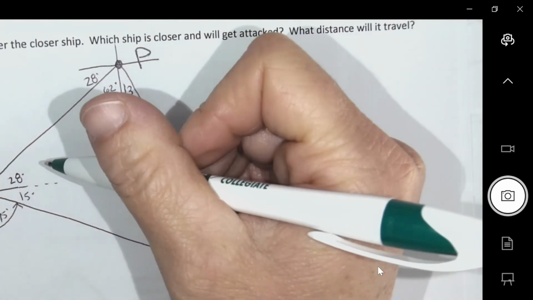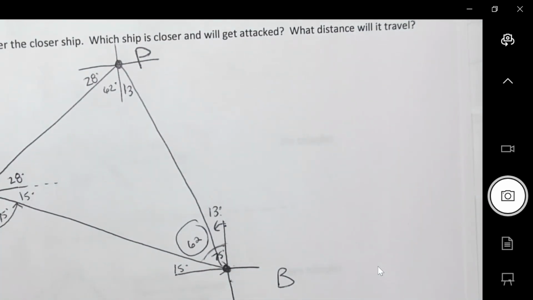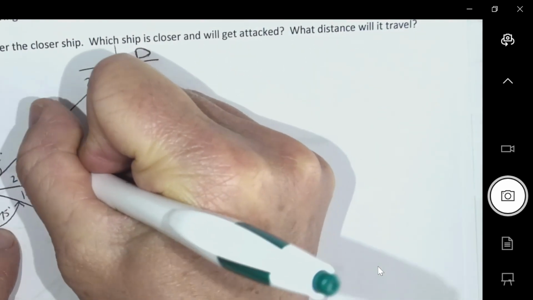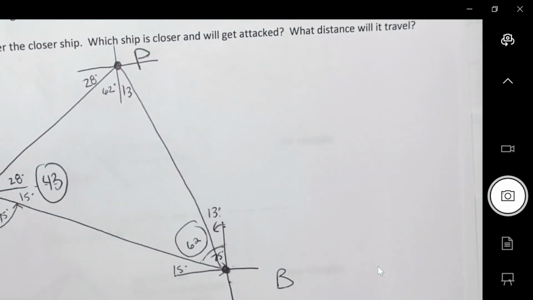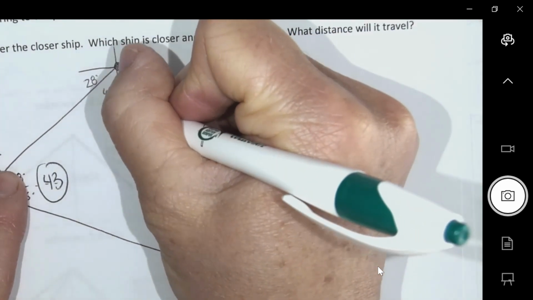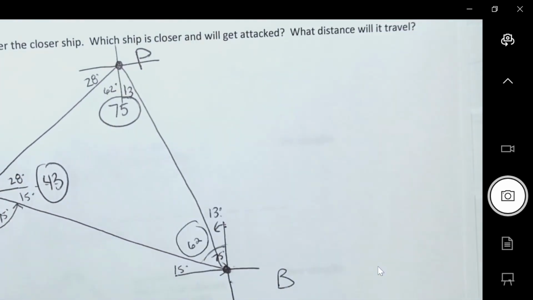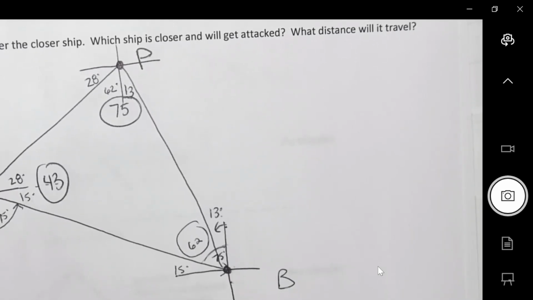So we have a 62 in that corner. Okay, using all those flip-flops, that's what I got. Does that actually add up to 180? Hopefully, right? Yeah, I just double checked. That's good news. Those all added up to 180.